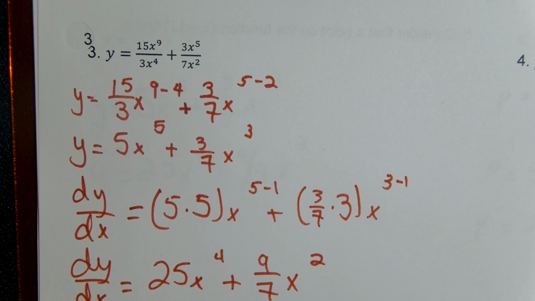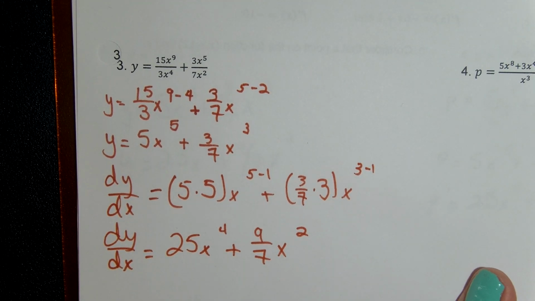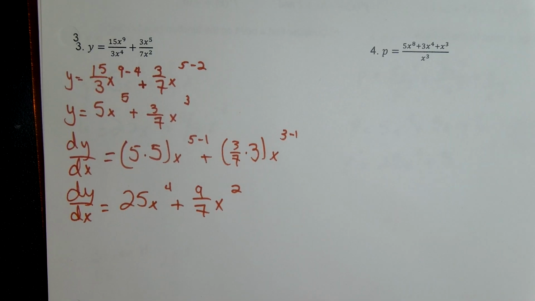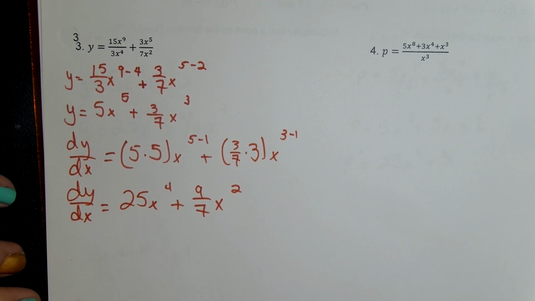Questions? Are we sure? Okay. Let me zoom out and move up. I know some of you are still writing, so I'll give you a minute and then show you how to do number 4. Number 4 looks complicated, but it is not.